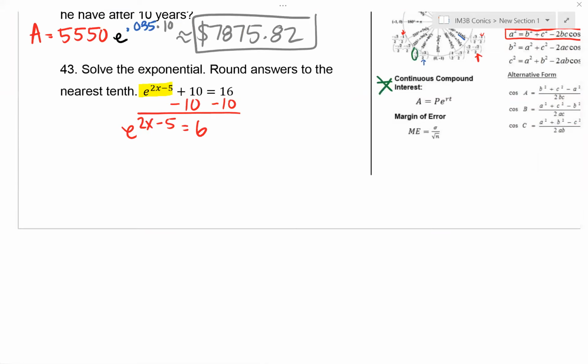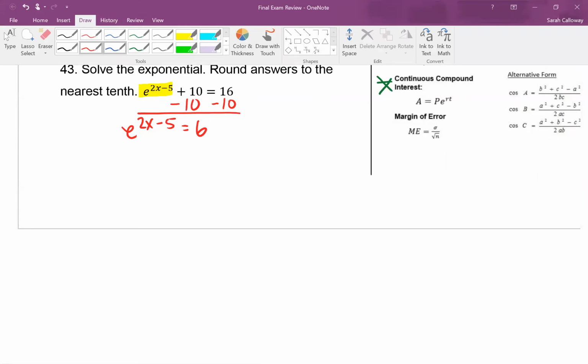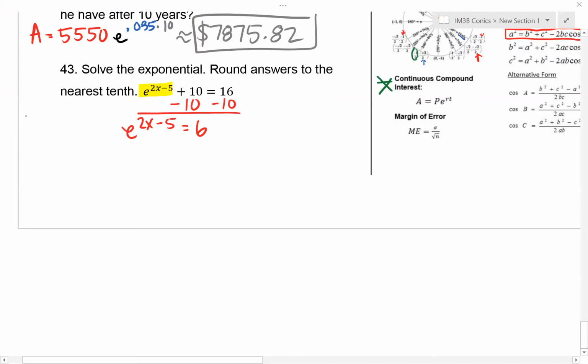Remember that ln of x equals y is equivalent to E to the y equals x. So what we want to do is switch this to ln form.